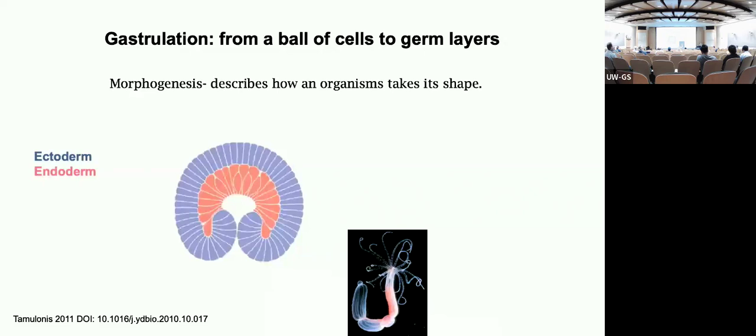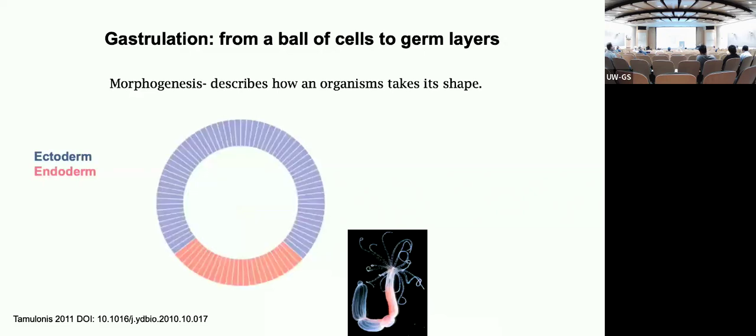The embryo can take shape through many different ways. There's cell division, there's cell movements. The individual cells themselves can change shape. Cells can die. There are many ways in which this occurs, and it is a whole field of developmental biology.